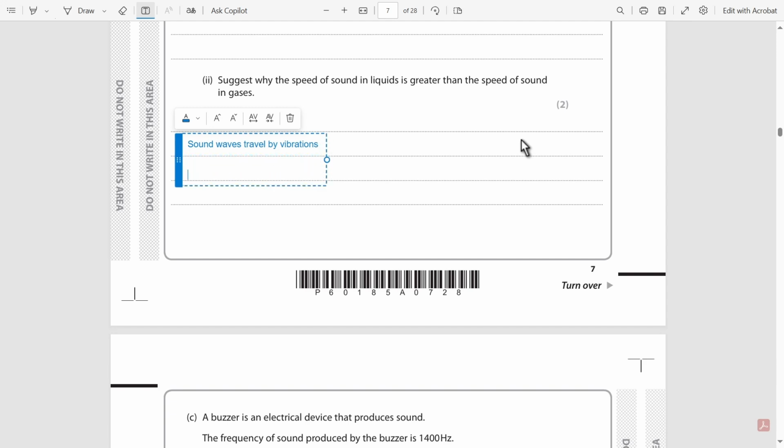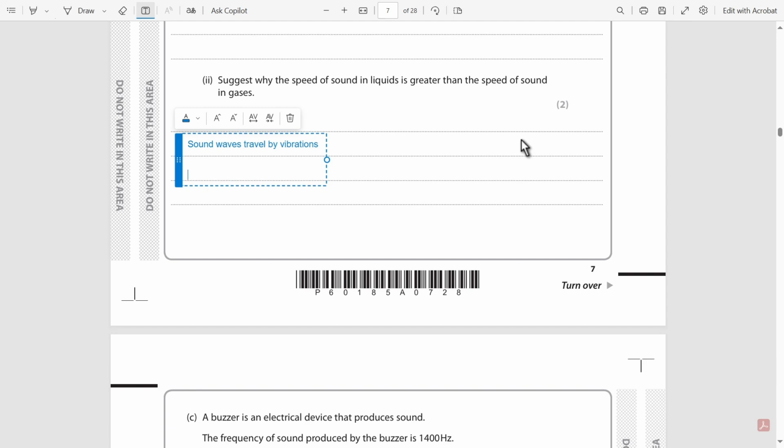and it's kind of hard to explain, but vibrations are passed on more effectively when particles are closer together. You know how in conduction, at least this is how I view it, particles need to be close together, because if one vibrates a little bit, then the other one will vibrate a little bit. But if one is far away, it needs to vibrate a lot for the other particle to even have an effect.